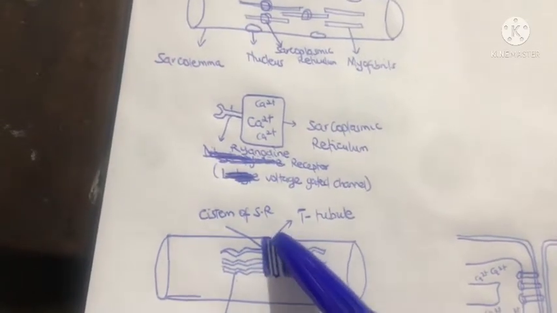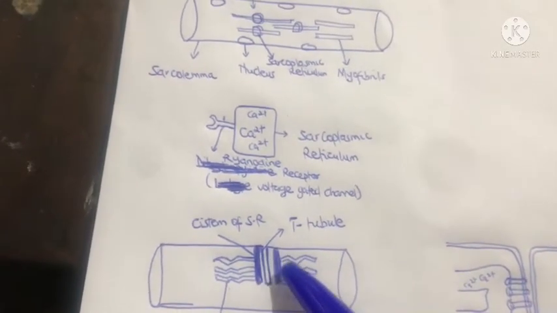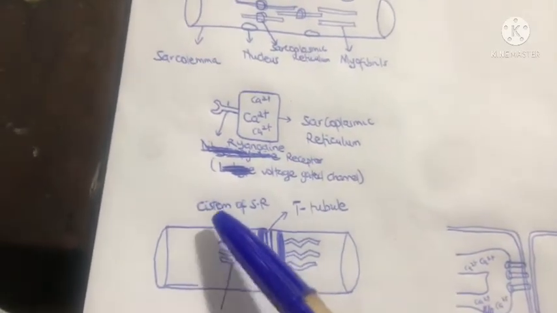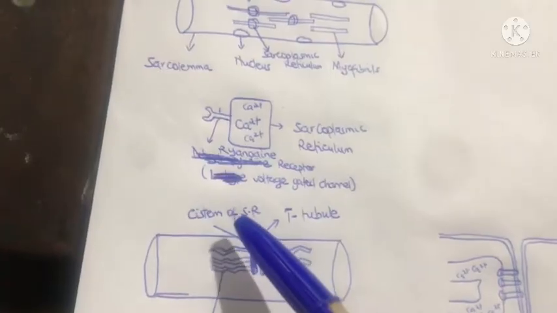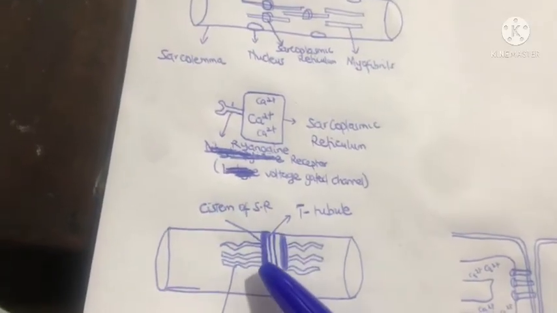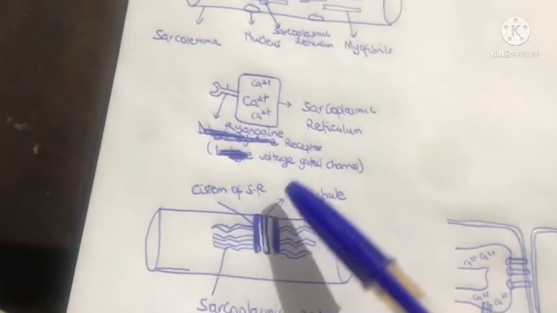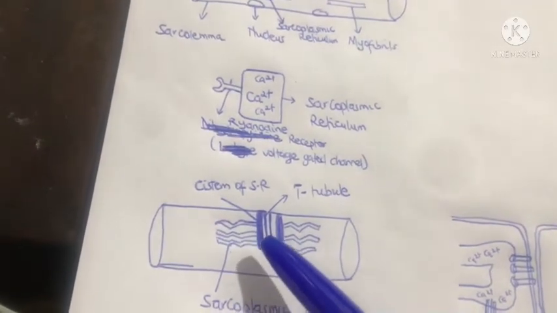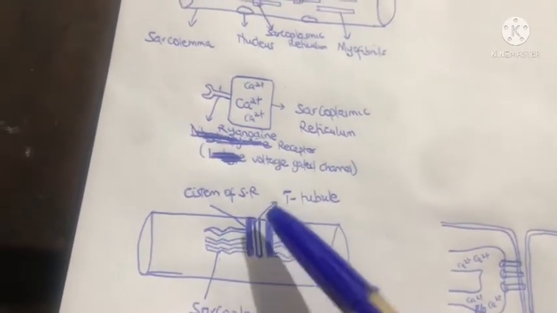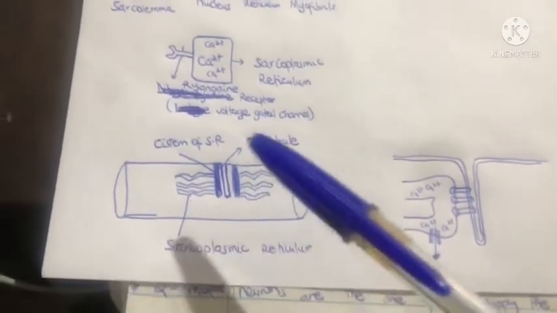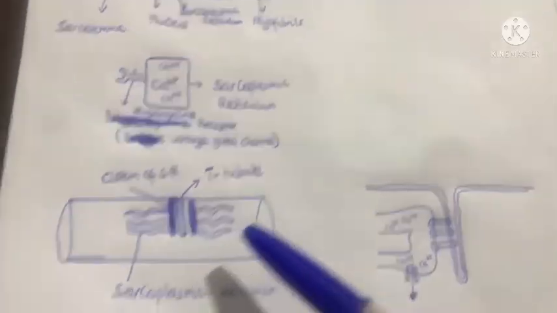The large end of the sarcoplasmic reticulum is called the cistern. So we call it the cistern of the sarcoplasmic reticulum. Two of them make contact with the T tubule, and together they form the triad. The triad, you understand?